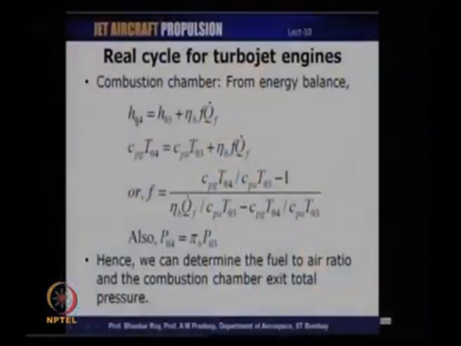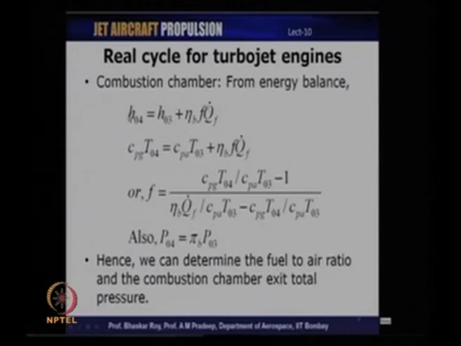From the energy balance we get H04, which is the combustion chamber exit stagnation enthalpy, equal to H03, which is the inlet stagnation enthalpy, plus eta b, which is the burner efficiency or combustion chamber efficiency, multiplied by F, that is the fuel to air ratio, and the fuel property, that is Q dot F, the calorific value of the fuel.